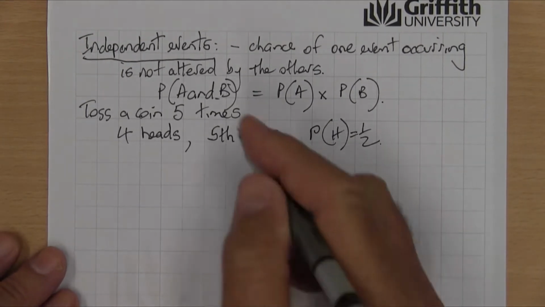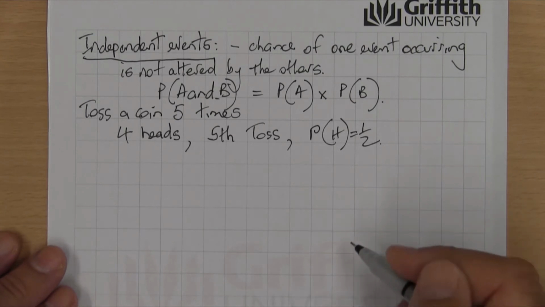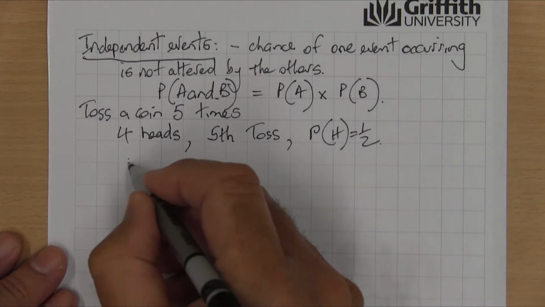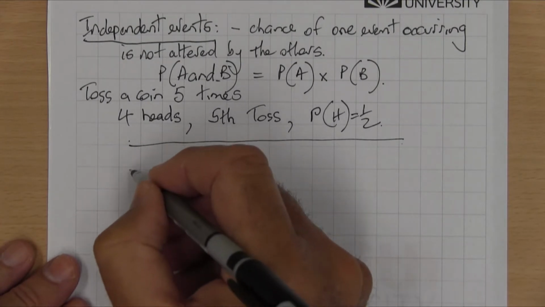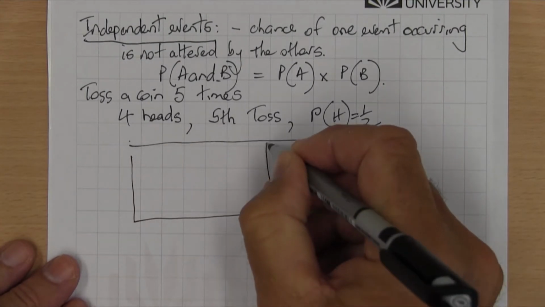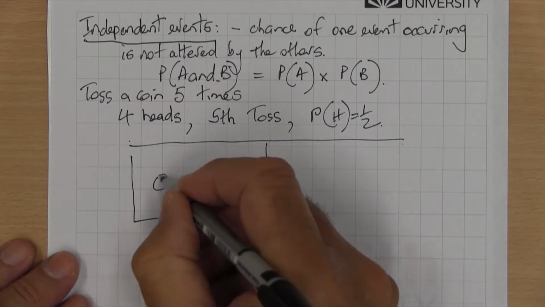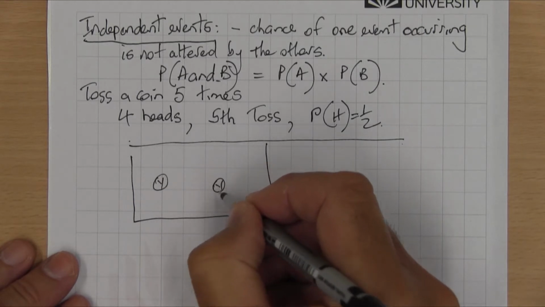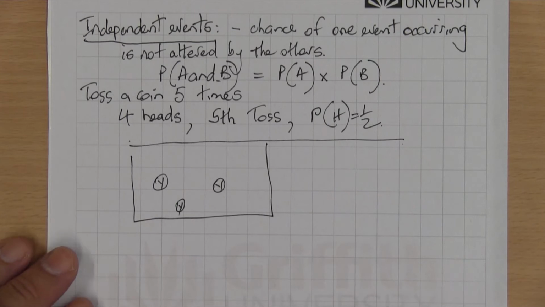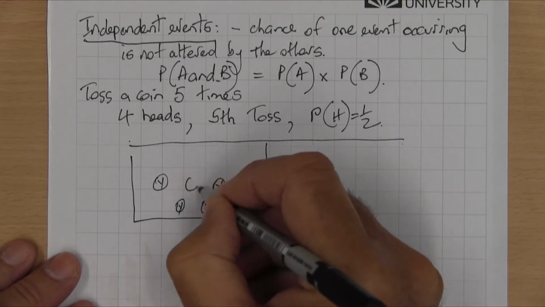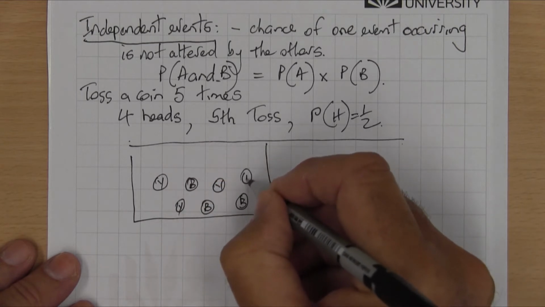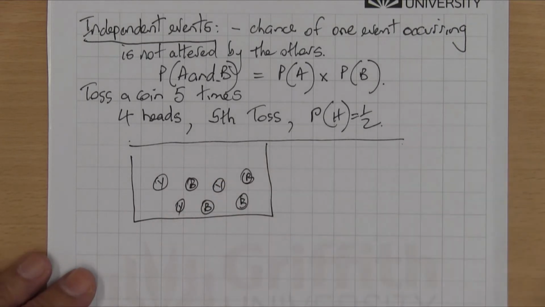Alright, so let's look at independent and non-independent events by way of an example. Say we have a box, and that box has 3 yellow marbles, and it has 4 blue ones. So we have 7 marbles all up.